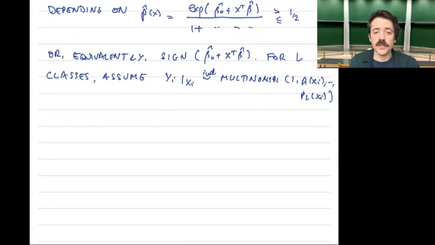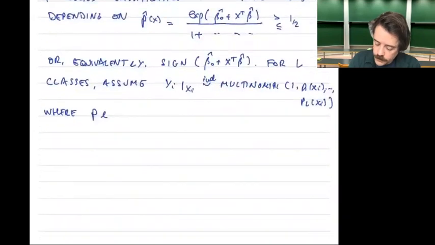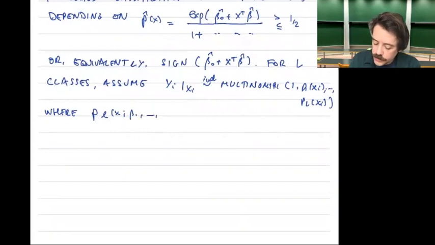And now let's model each of these p's, where p_l of x, and because we're going to have a model similar to the above, we're going to have also some parameters which are going to be vectors. And so we can write here just the regressor.